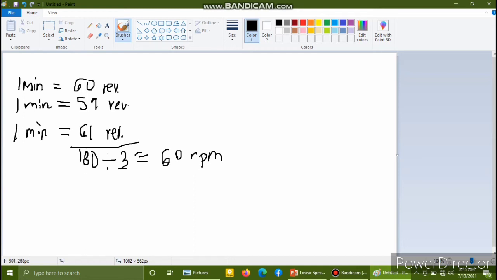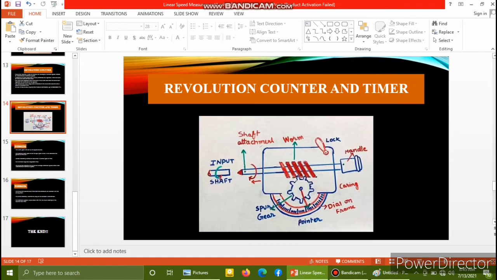So that's the example of a revolutions counter and timer. I have videos that I will show you in order for you to understand clearly the functions of the revolutions counter and timer.